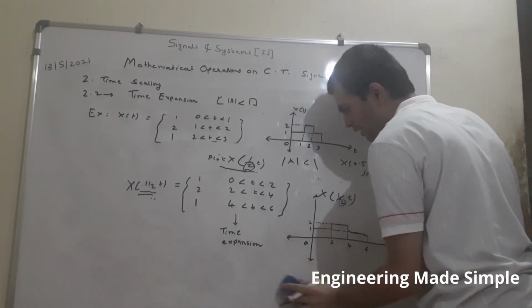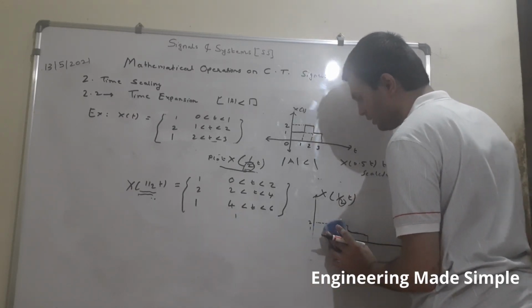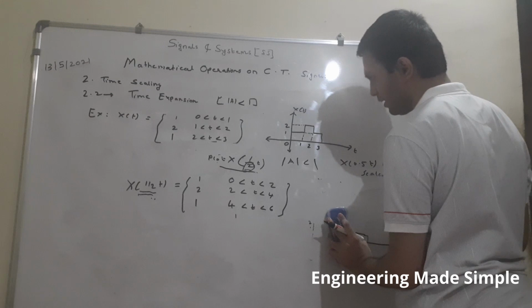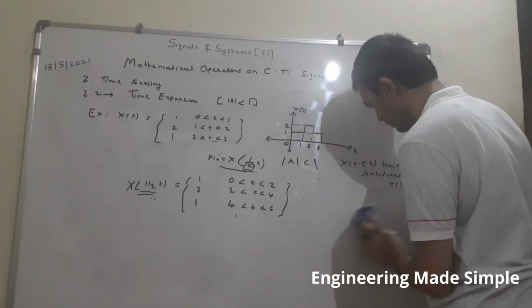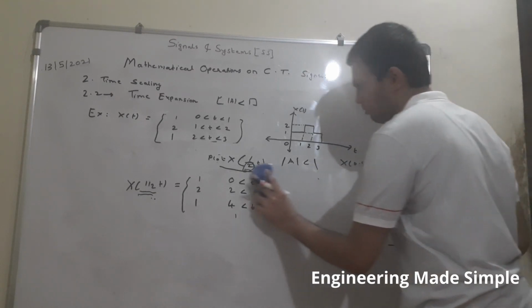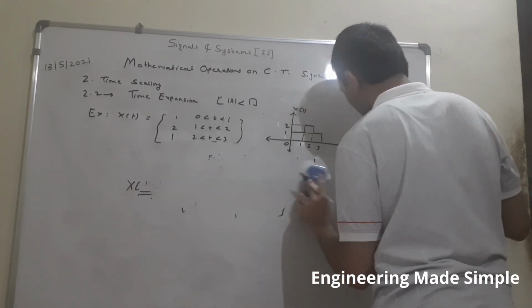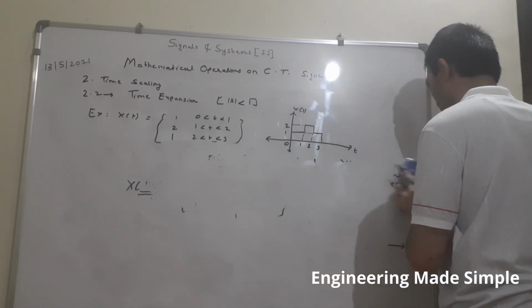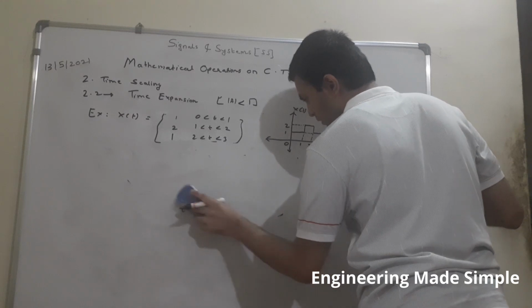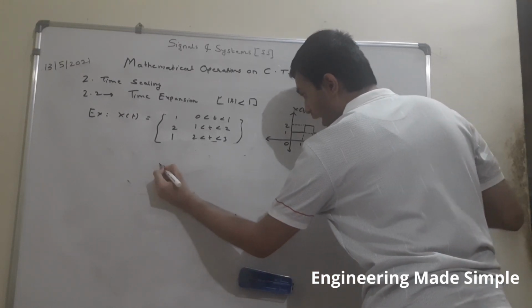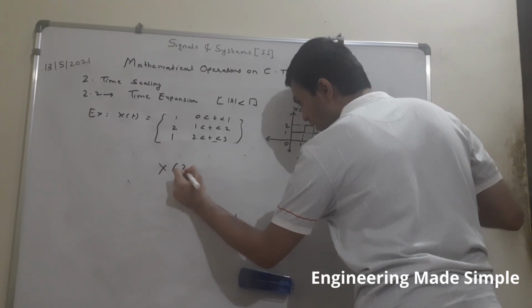There is a basic trick to remember when you are asked to do time scaling. Whenever you are asked to do time compression, the value of a is greater than 1.